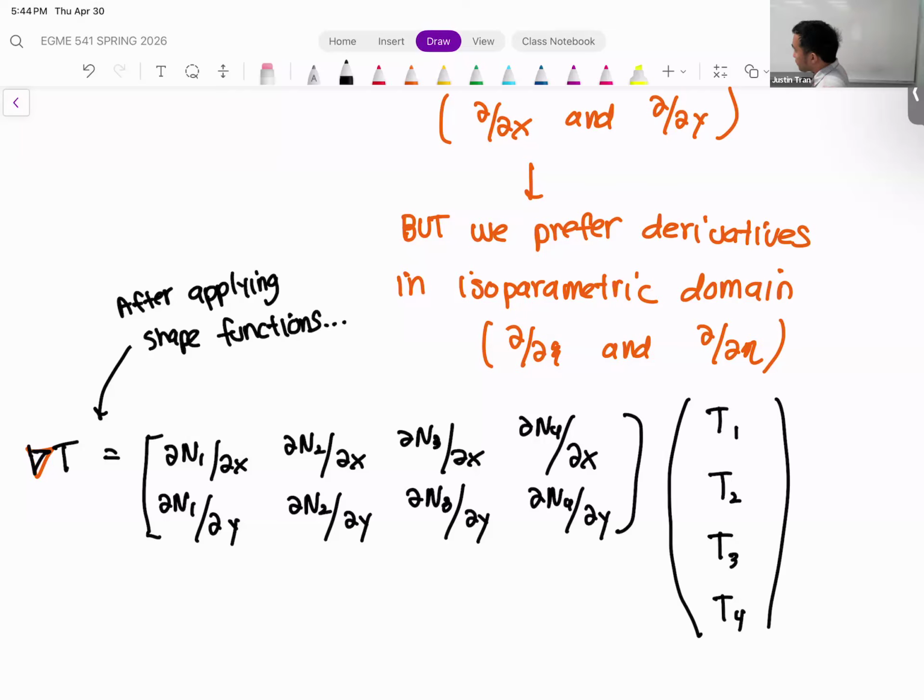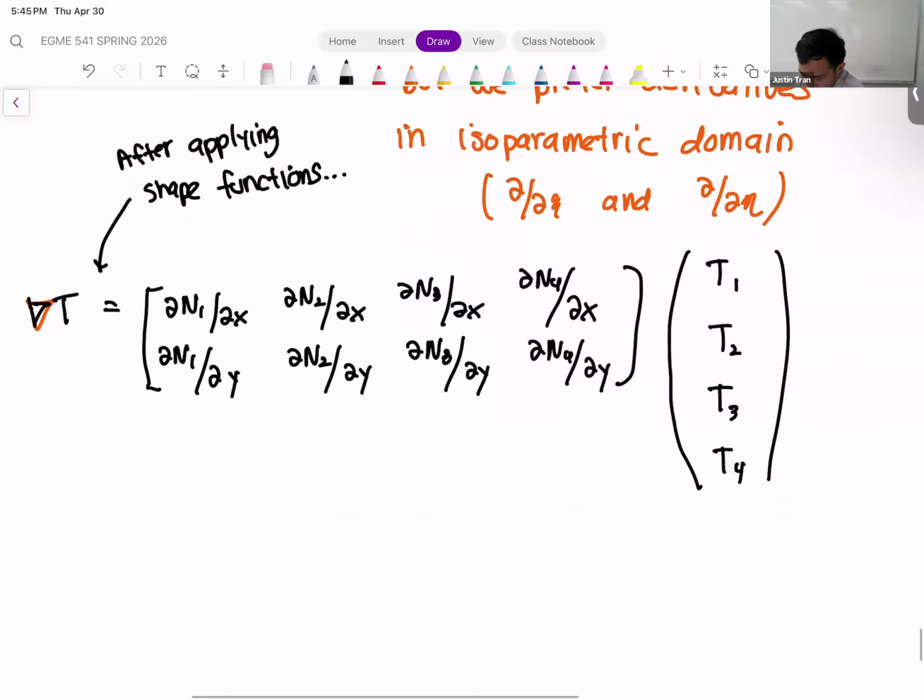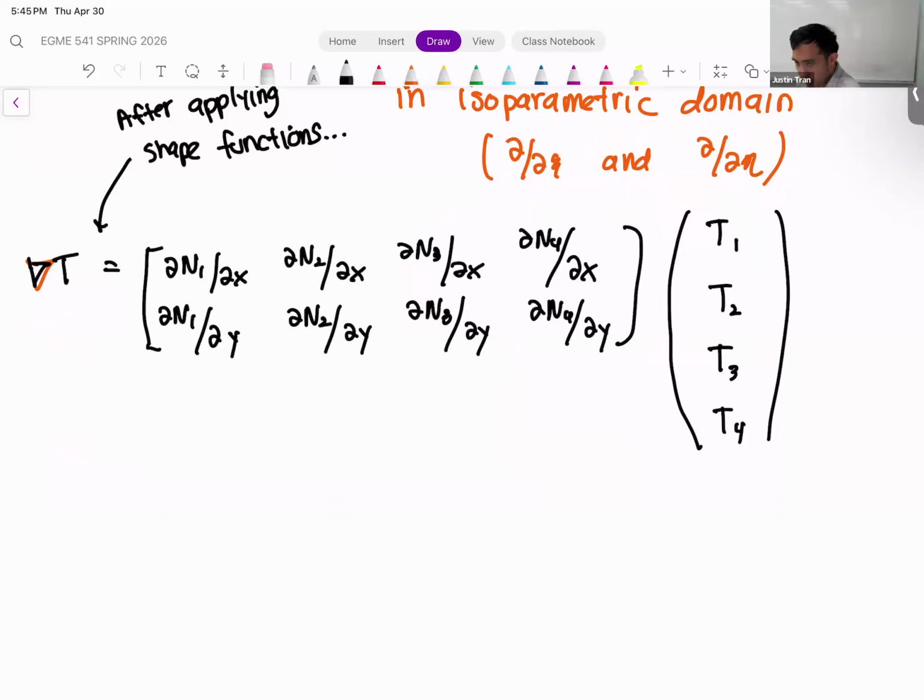And then you can come up with the corresponding expression for the gradient of W as well, but it's the same shape function derivative, so I'm not going to write the same thing again. With this expression, the nodal temperatures are fine. These are just nodal values, and we don't need to change anything there.